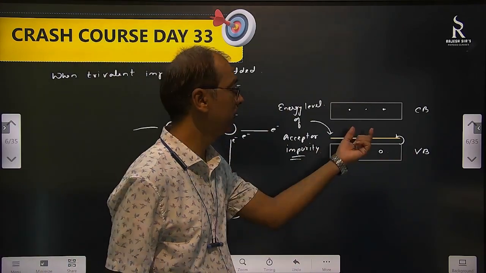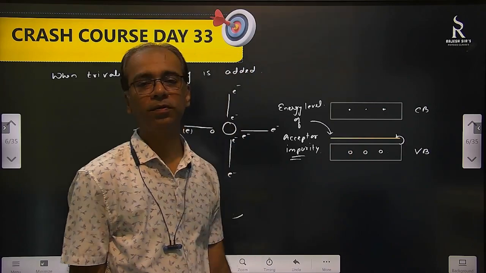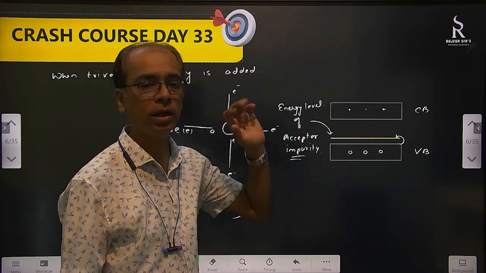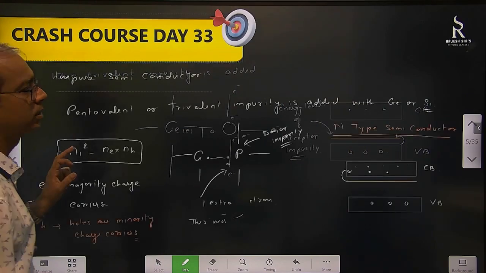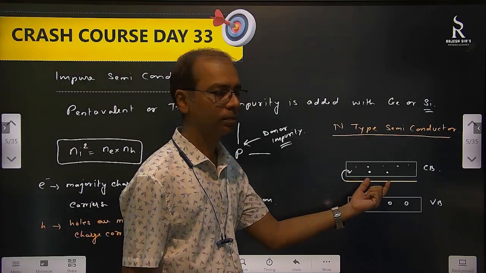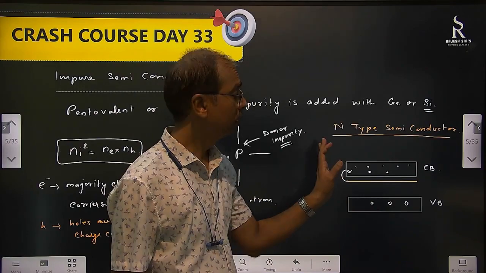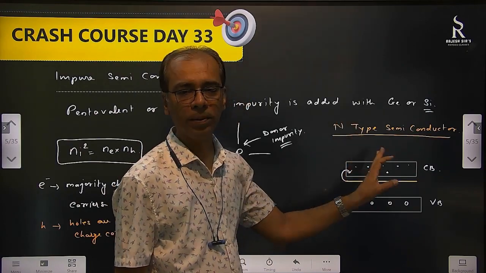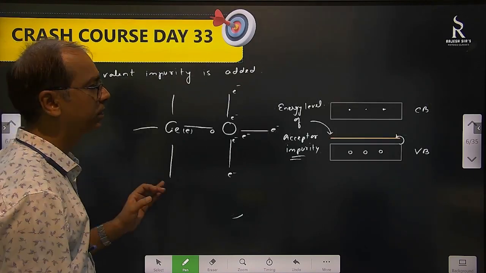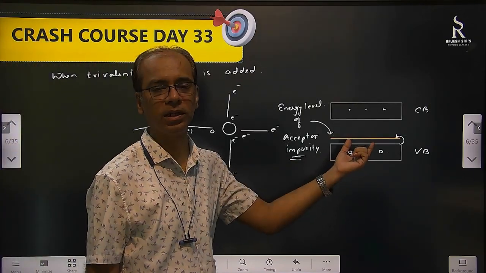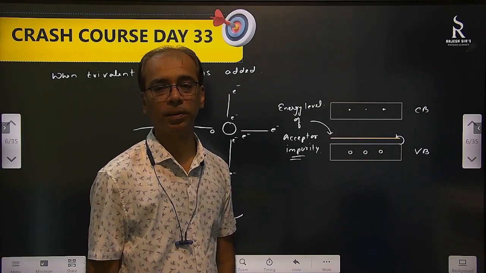That's why we say that in this case more conductivity happens in the valence band as compared to the conduction band. In the previous case, the energy level was very close to the conduction band, so conductivity mainly happened in the conduction band. But in this case, conductivity happens in the valence band, because this energy level is very close to the valence band.